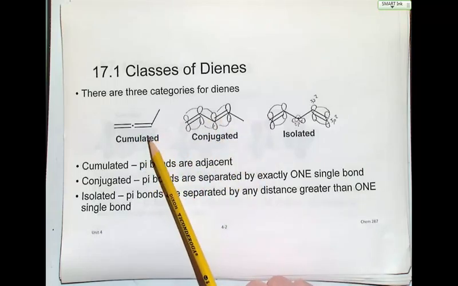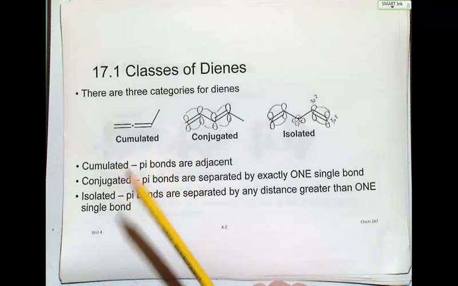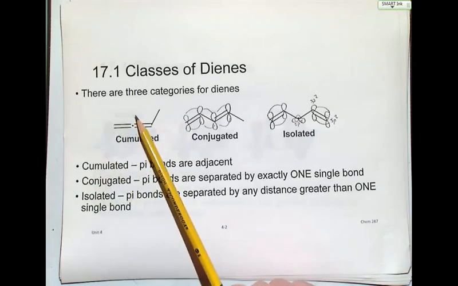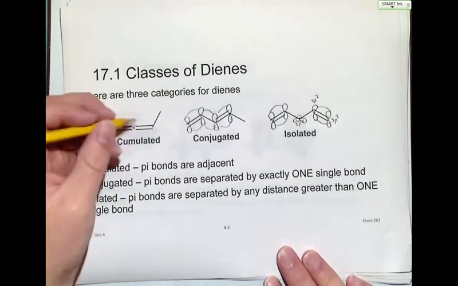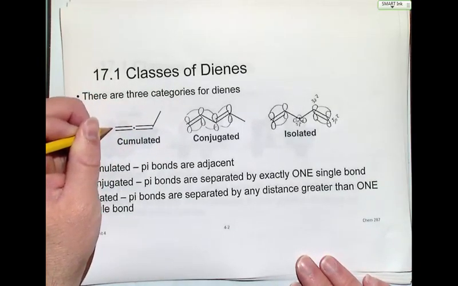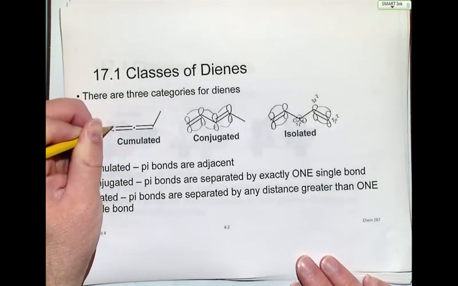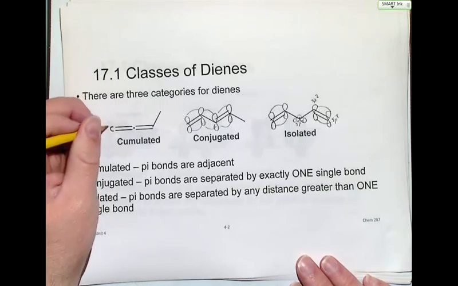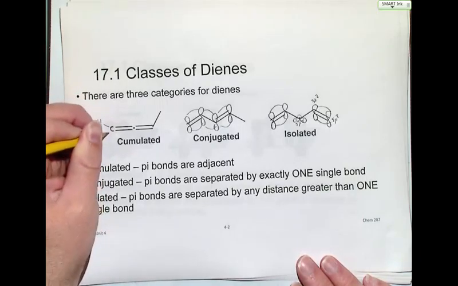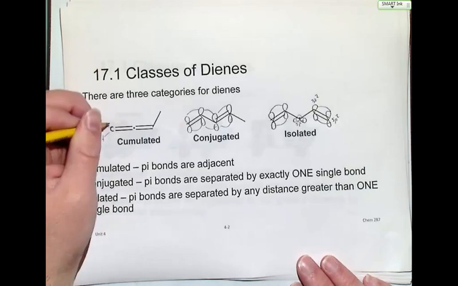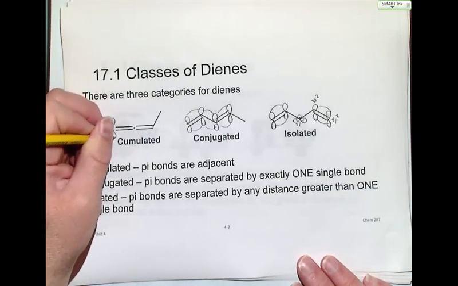Now, there's another category of dienes. This is called an accumulated diene. So we have two enes. Now we have over here a carbon atom. What's the hybridization of this carbon atom at the end? sp2. This is sp2, so there's a pi bond there.